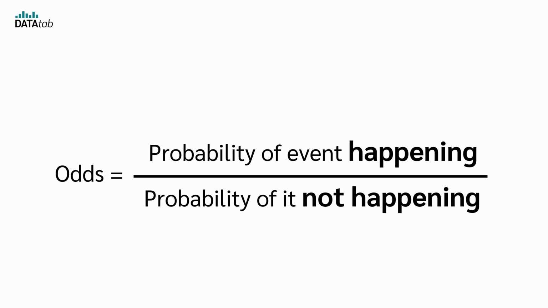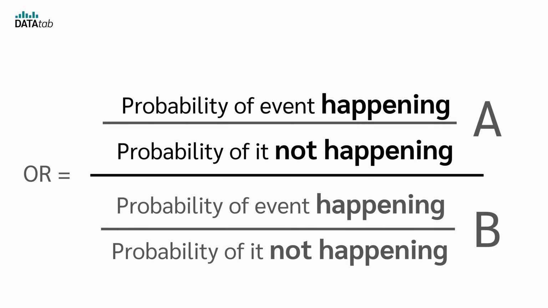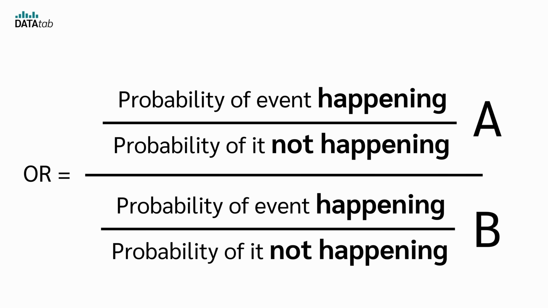To sum it up, odds are simply the ratio of the probability of an event happening to the probability of it not happening. The odds ratio is now the ratio of the odds that an event occurs in two different groups.